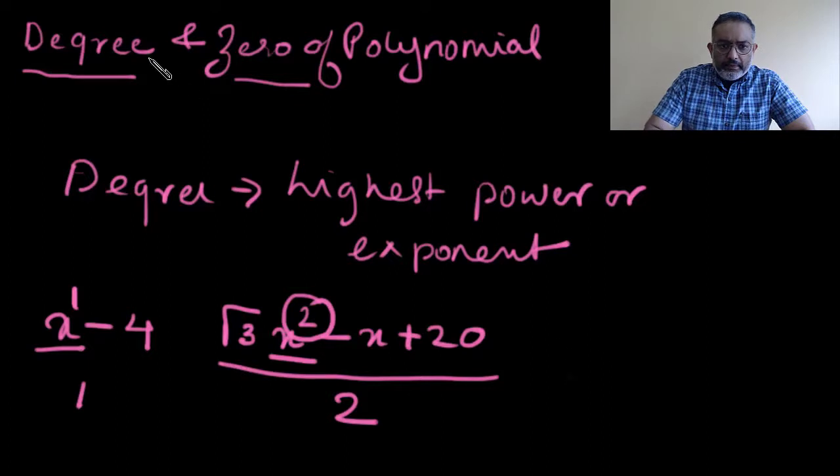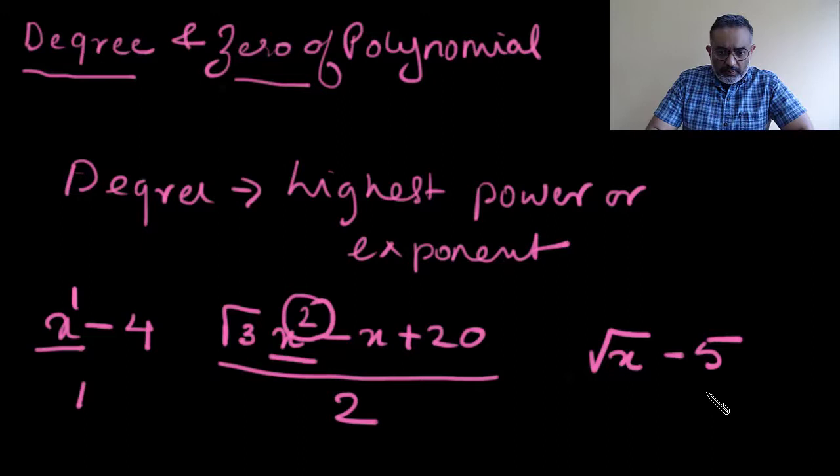Let's say root x minus 5. We should know that this is not a polynomial form because it doesn't follow the standard form of the polynomial. So this theory doesn't apply here.